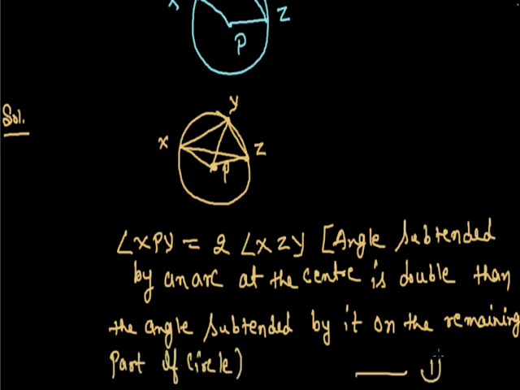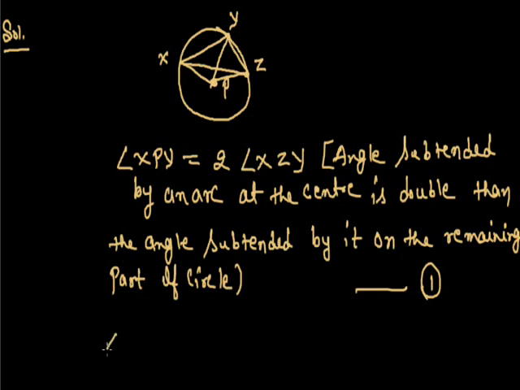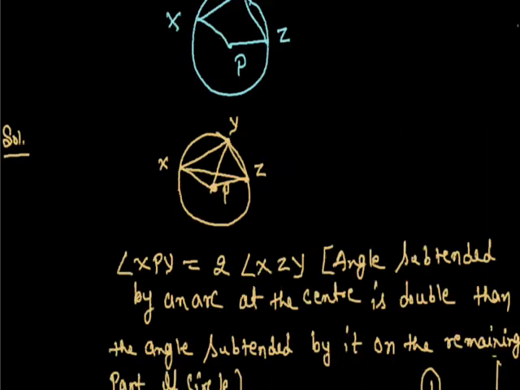Let this be equation number 1. Similarly, angle YPZ is equal to twice angle YXZ, again by the same theorem. Let this be equation number 2.